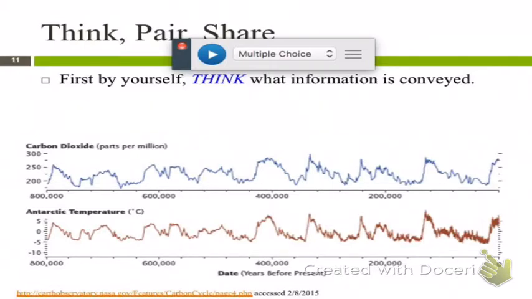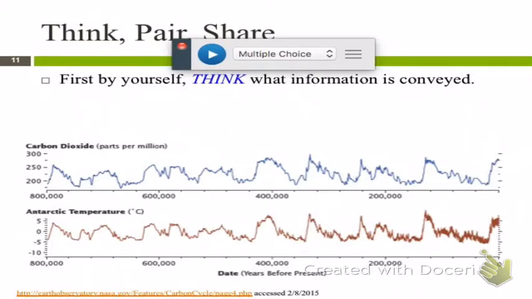Okay, so the axes are years before present. That's the x-axis, so it starts at 800,000, goes to 0. And then the y-axis on the bottom one, it says Antarctic temperature in degrees Celsius, -10 to 5. And then carbon dioxide is listed in parts per million. That's 200 is here, 300 is there.